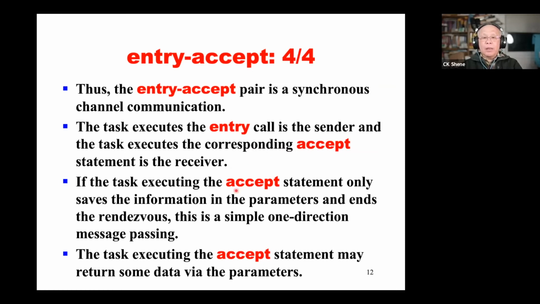If the task executing the accept statement only saves the information in the parameter and ends the rendezvous, this is simple one direction message passing. Message going from the sender to the receiver. The task executing the accept statement may return some data via the out or in out parameters. That way, we have two-way communications.